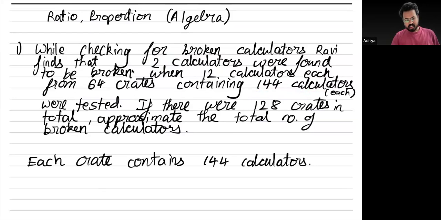So from each of the crates, 12 calculators were removed. And then in the end, it was found that of the total calculators that are tested, only two of them were broken. Pranjal, correct. Pranshu, try again. Harshit, try again. Pushkal, try again.